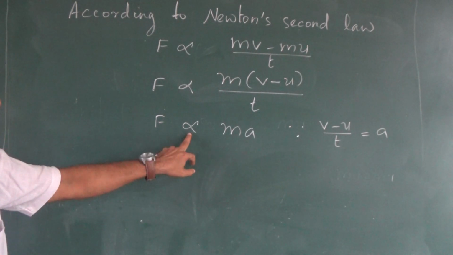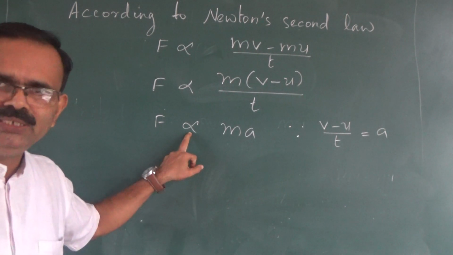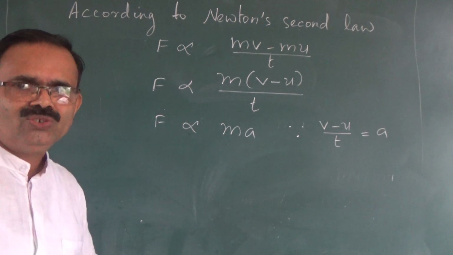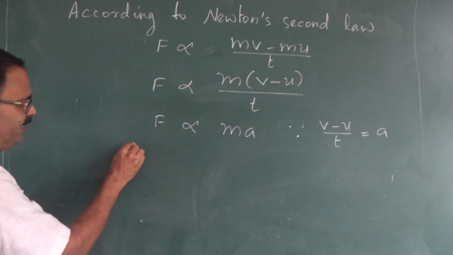Now this proportionality can be changed into equality by adding a constant. So we are adding a constant k.